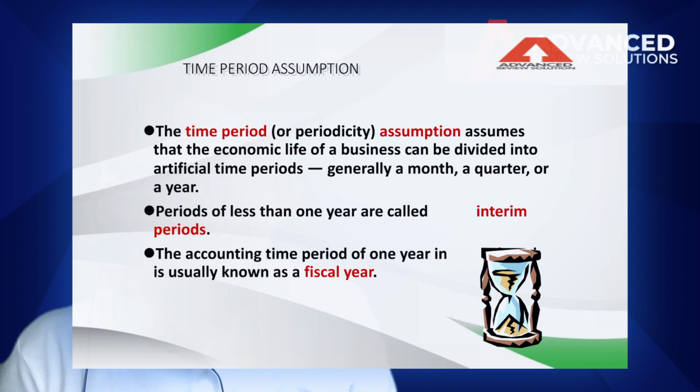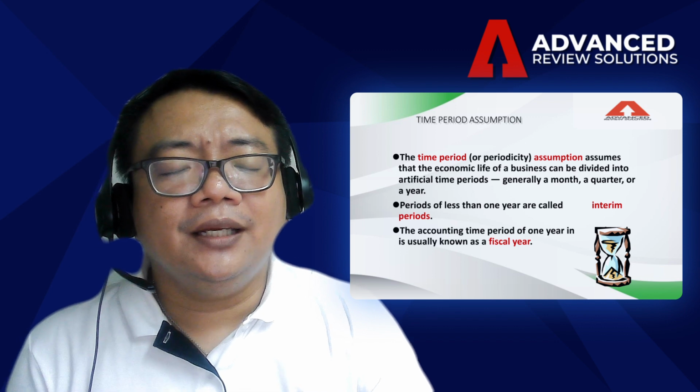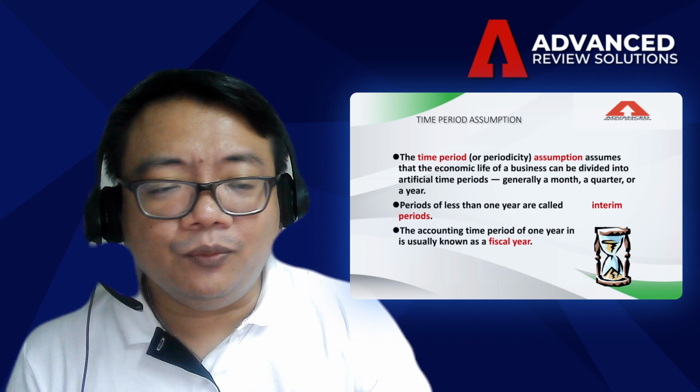It can be monthly, quarterly, or yearly. Class, if it is less than one year, it is known as an interim period. And if the accounting period is one year, it is known as a fiscal year. But the difference with a fiscal year is that you can begin with any month. In the Philippines, what do we use? The calendar year. We begin on January 1 until December 31.